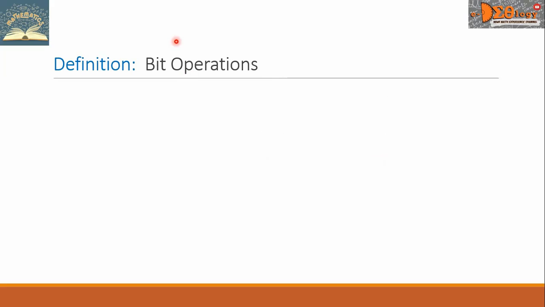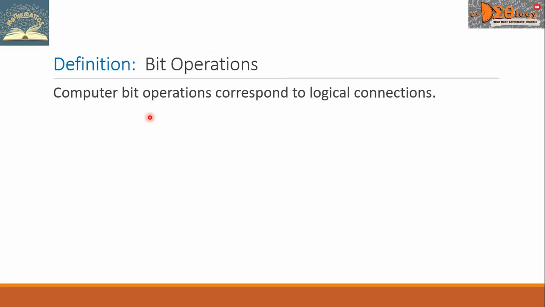Let's go now to bit operations. Computer bit operations correspond to logical connections. We studied the symbols here. The first symbol is for negation operation, and we read this as not.